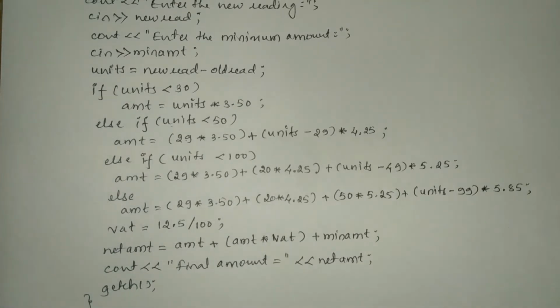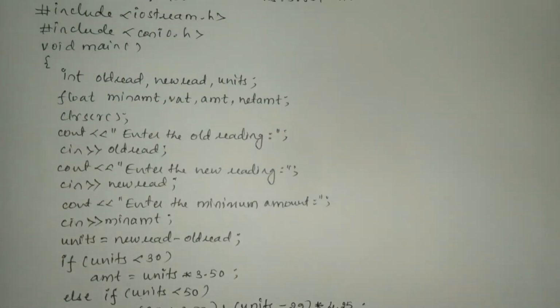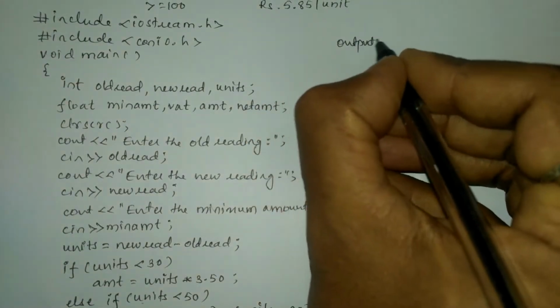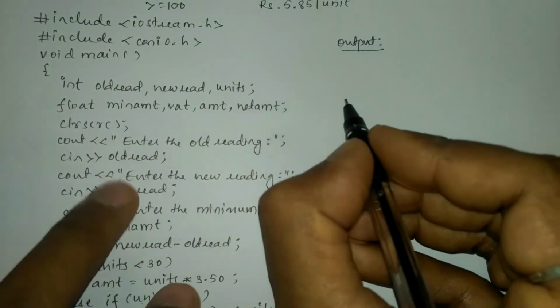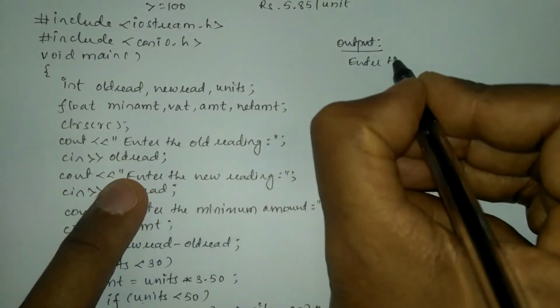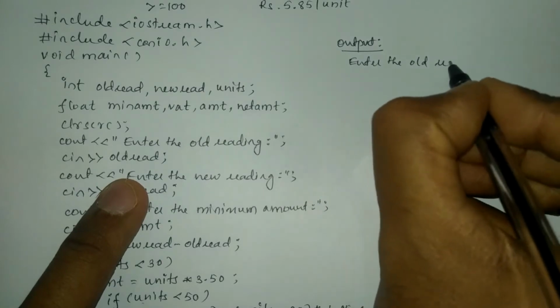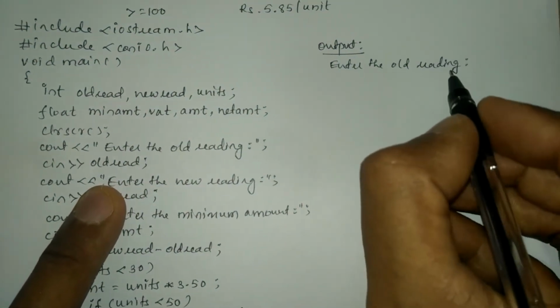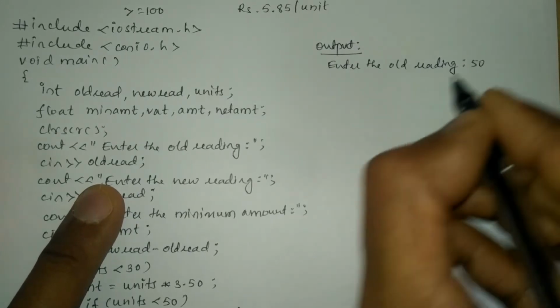Now let us take an example here. Once we compile and run this program, it will ask the user to enter the old reading. So I'll write here, enter the old reading. So for example, I'm going to write 50.